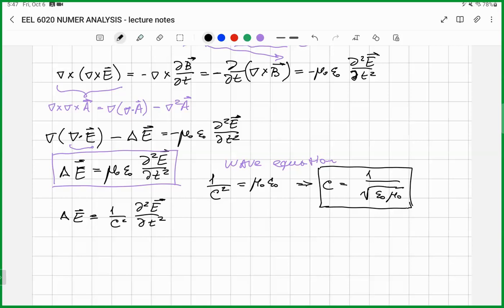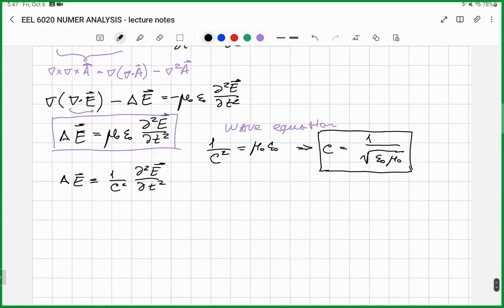And after that, other scientists like Hertz and others measured the velocity of electromagnetic field and found out that it's equal to the same number, the speed of light.